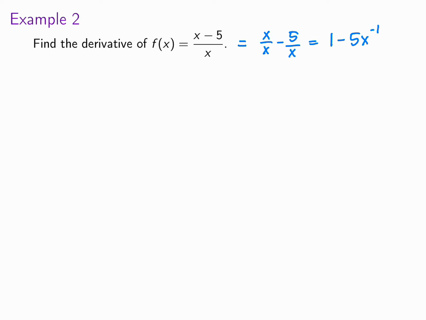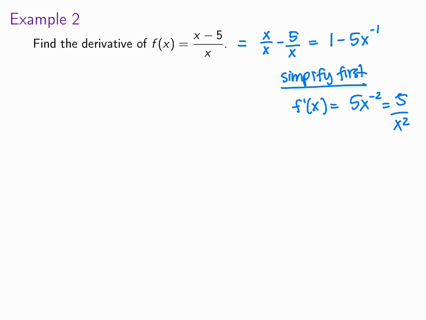So if we simplify first, like we did last time, then our derivative f prime of x, we just take the derivative using our sum and difference rule. Just go along the line using power, constant multiple, all of those kind of things, and we get 5x to the negative 2, or 5 over x squared, whichever one you prefer.